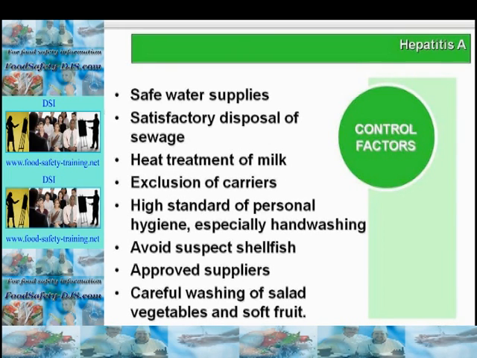Control factors include the use of safe water supplies, satisfactory disposal of sewage, heat treatment of milk, exclusion of carriers, high standards of personal hygiene, especially with good hand washing regimes, avoiding suspect shellfish, the use of approved and reputable suppliers, and the careful washing of salad vegetables and soft fruit.